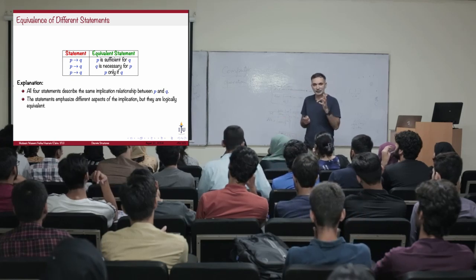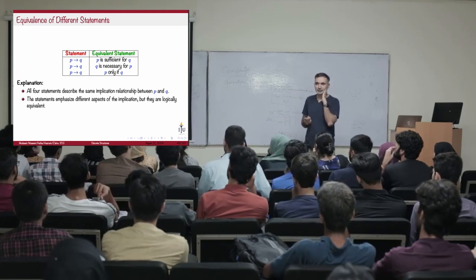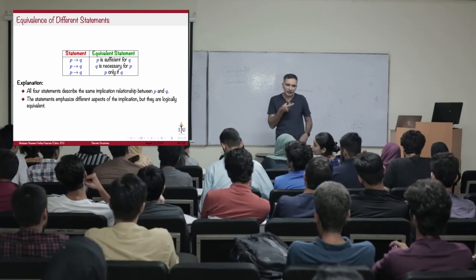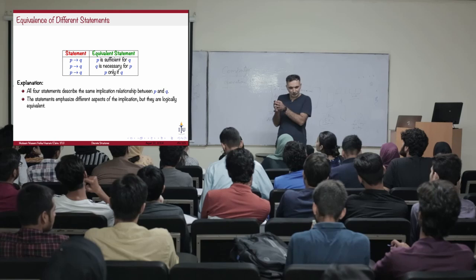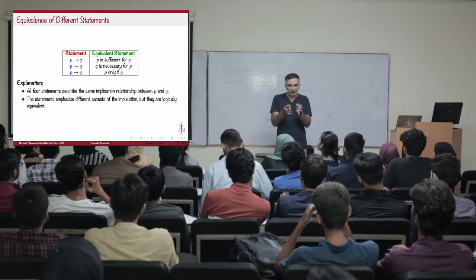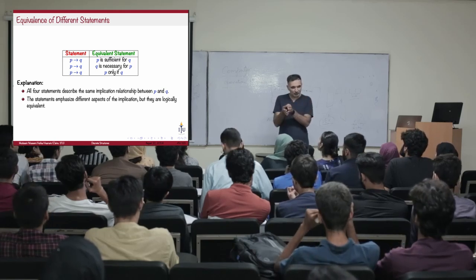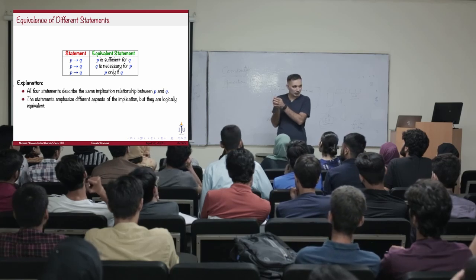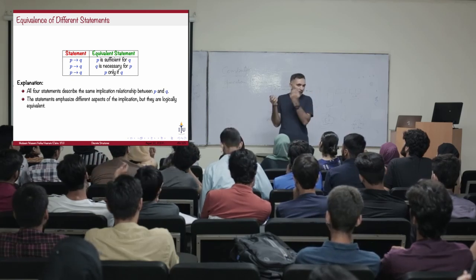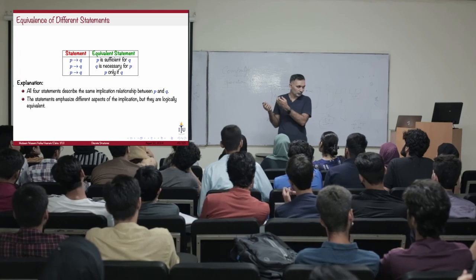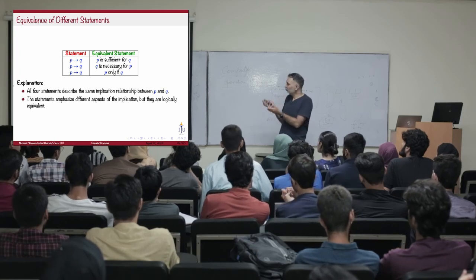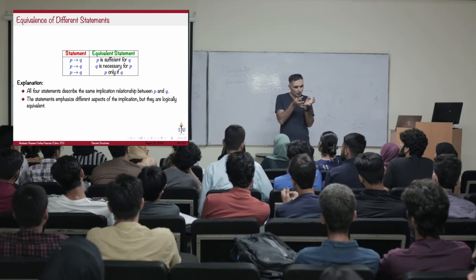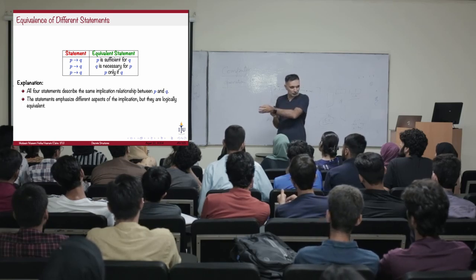I want questions, confusions, for the first two parts at least. When I say Q only if P, what that means is that Q is true only if P is true. That's not what I'm saying when I say if P then Q. Q could be true without P being true. What this is trying to say is that P is true only if Q is true.